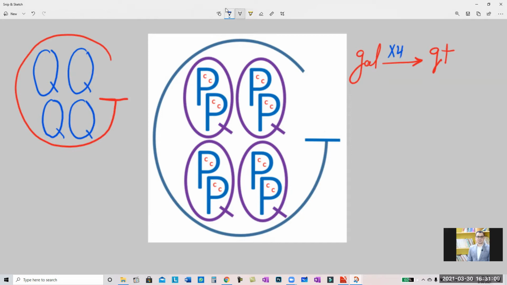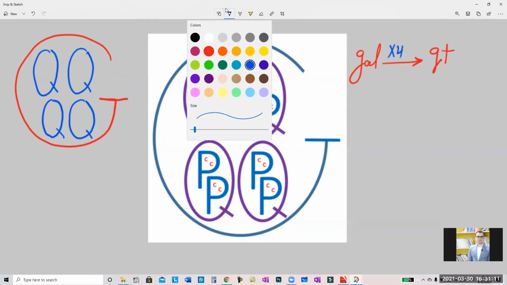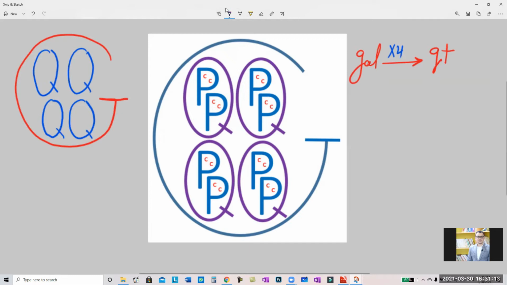Okay, and inside each quart, we have 2 pints, as you see here.